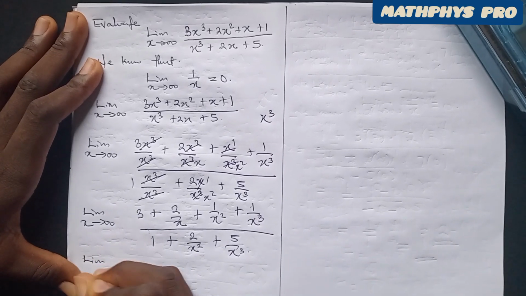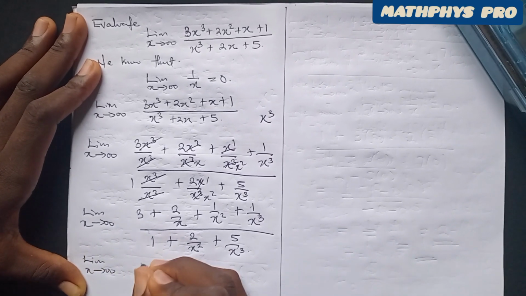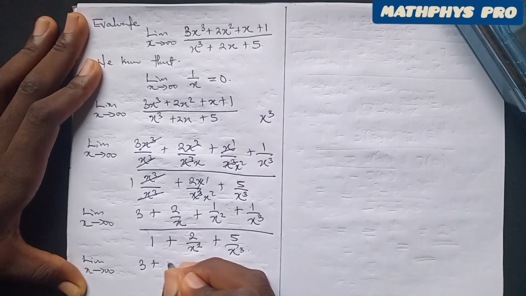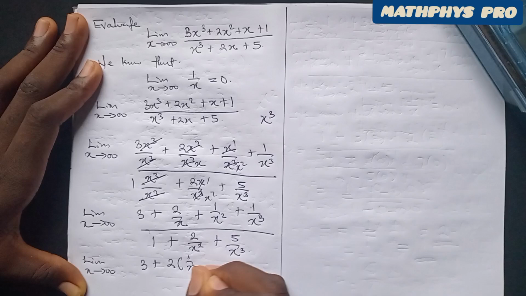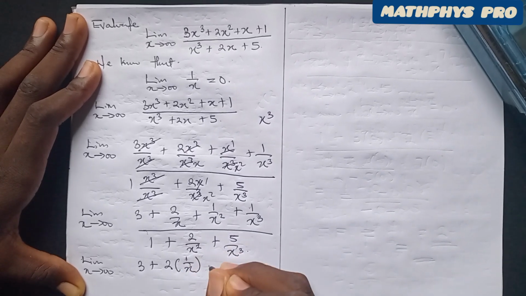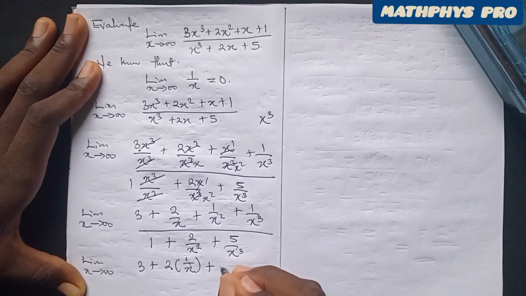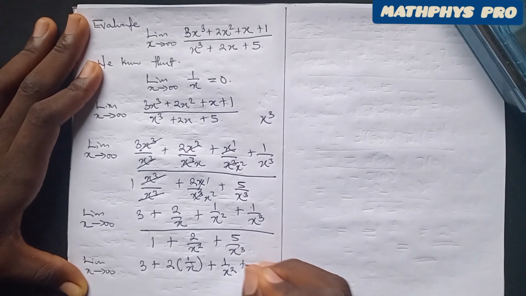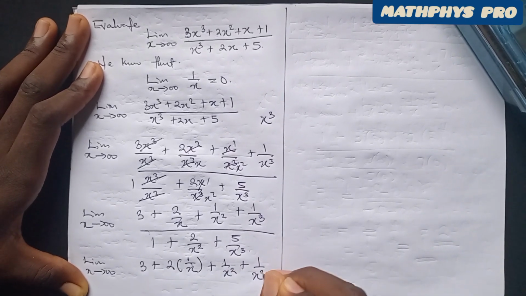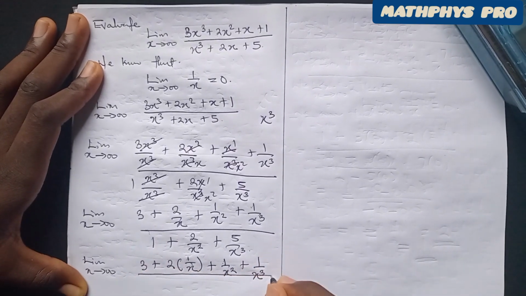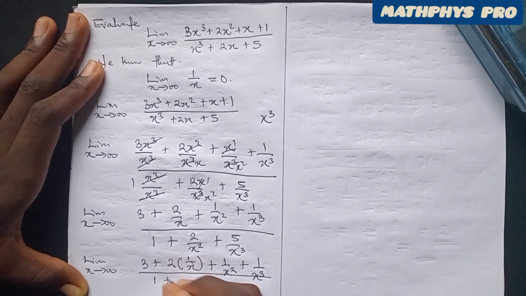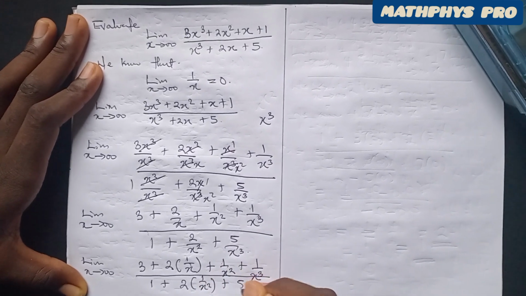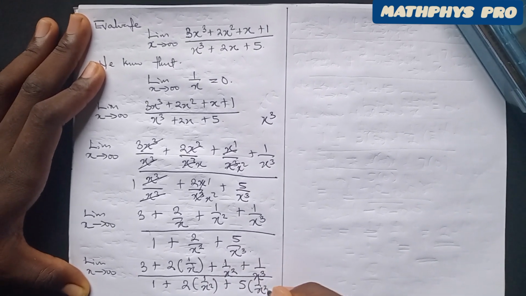So the limit when x approaches infinity, this can also be written as 3 plus 2 in bracket 1 over x plus 1 over x squared plus 1 over x cubed, divided by 1 plus 2 bracket 1 over x squared plus 5 bracket 1 over x cubed.